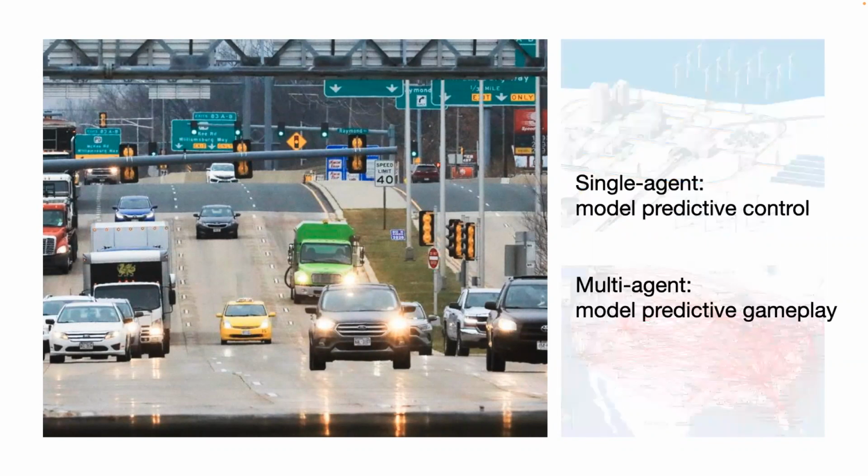Okay, so to put this back in a traffic context, and help us think about how these tools are going to get applied, at least how I see them getting applied, it follows the ideas that are very common in model predictive control.